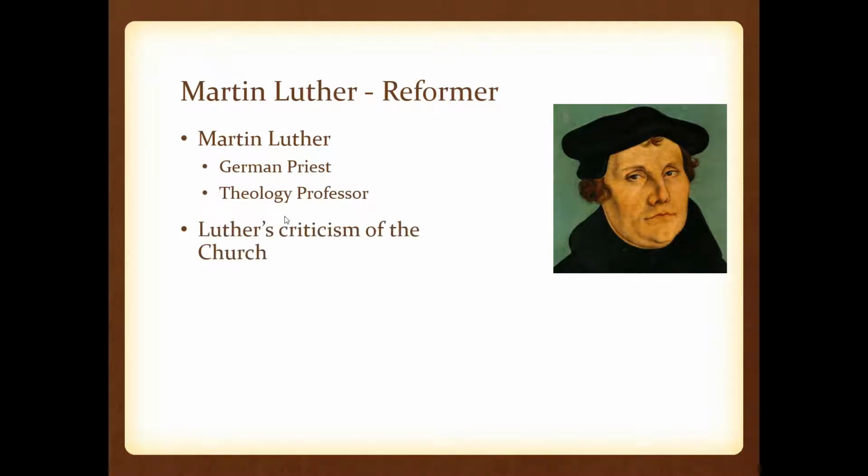He really felt that the church was moving away from the teachings of Christ, and was moving away from the fundamentals of the original church. So Luther's main criticism of the church is that it's only what is in the Bible that matters.